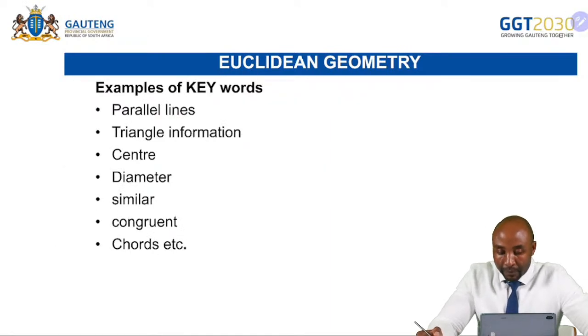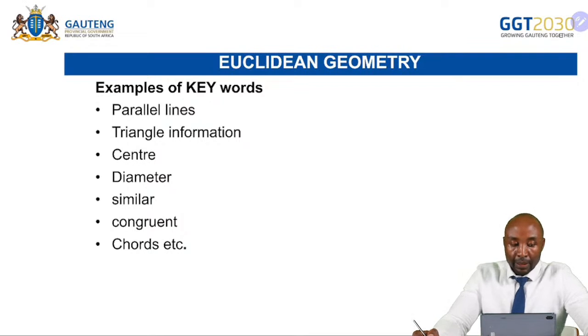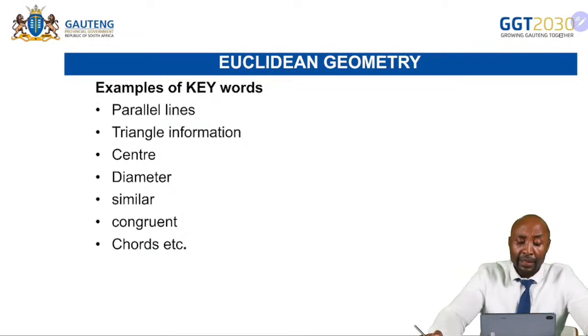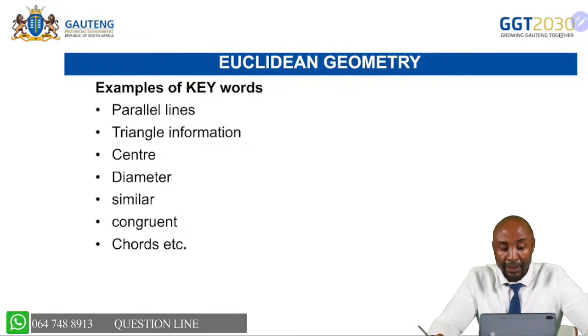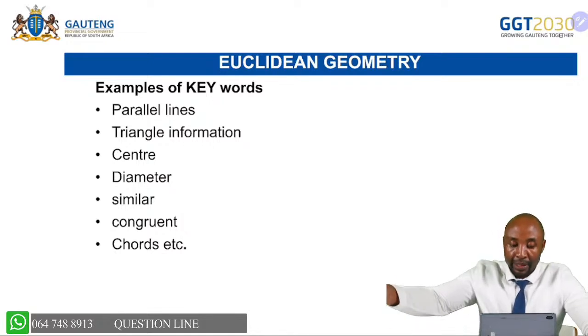Now, we should look for keywords. If I may ask, what are parallel lines? Some still remember, some do not remember. If parallel lines are not indicated with arrows, some are not able to notice or realize that they are parallel lines. Parallel lines are lines that are drawn equidistant from each other, from the point of origin up to the point where they end.